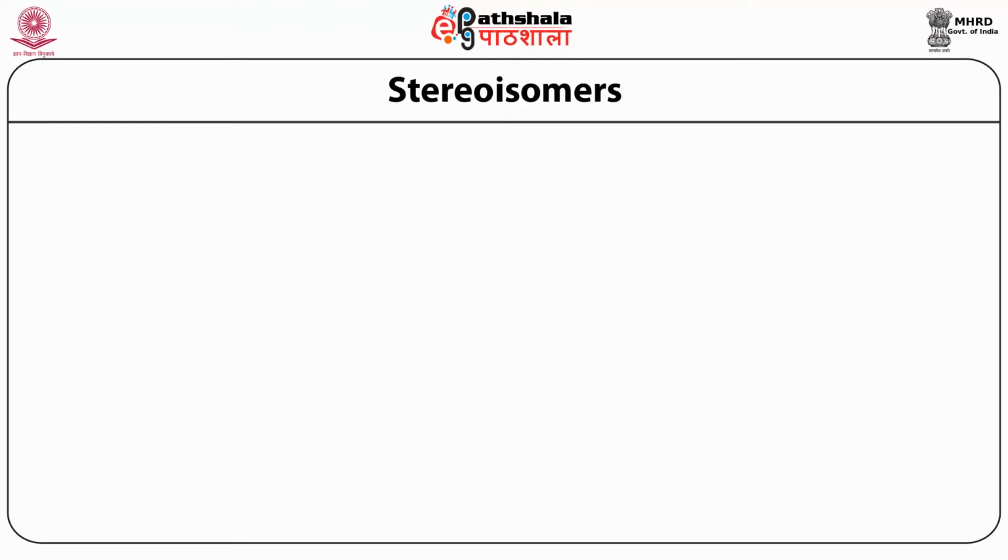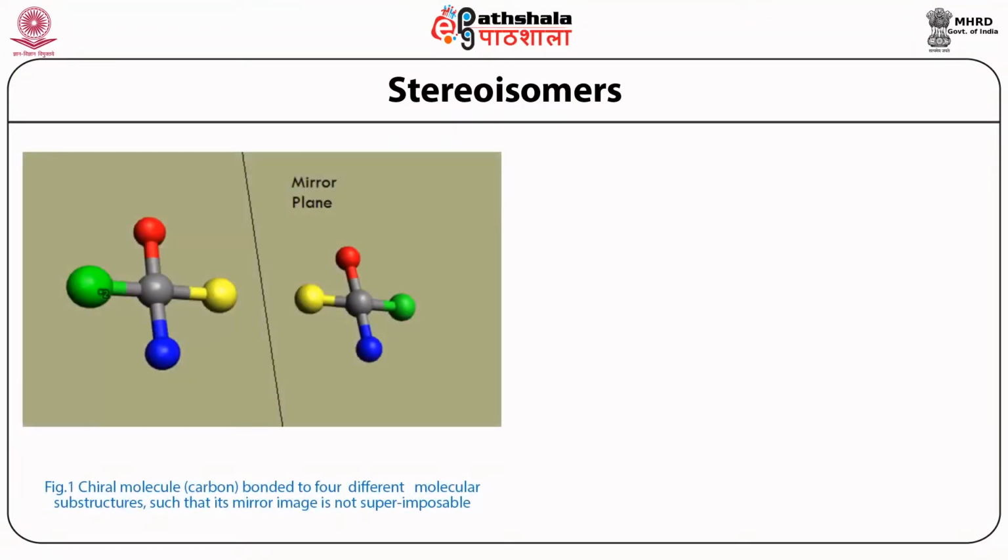When two stereoisomers are optically active, like D and L forms, and are mirror images of each other, then they are termed enantiomers. Well, we can see in figure 1 an example of a mirror image of two molecules.